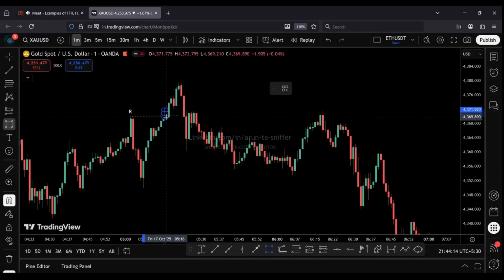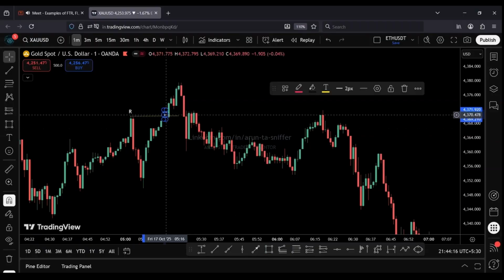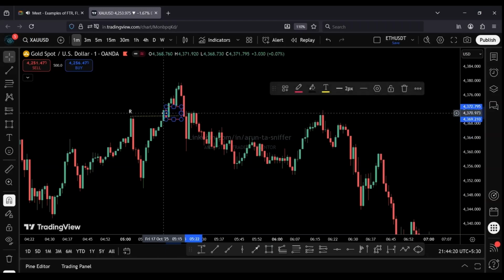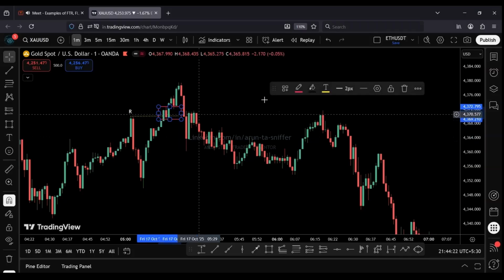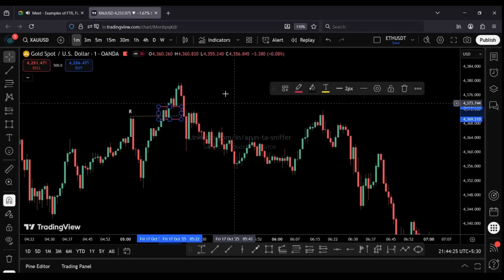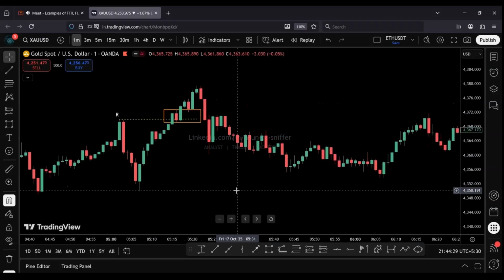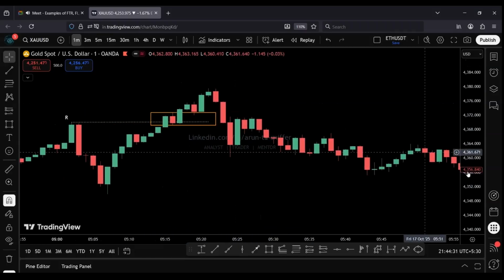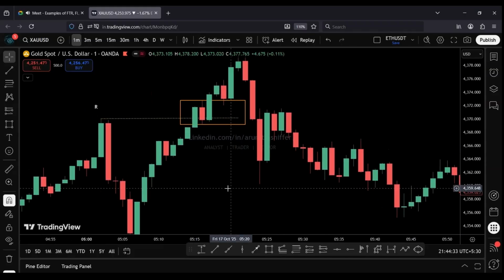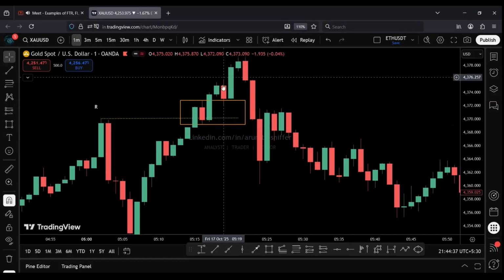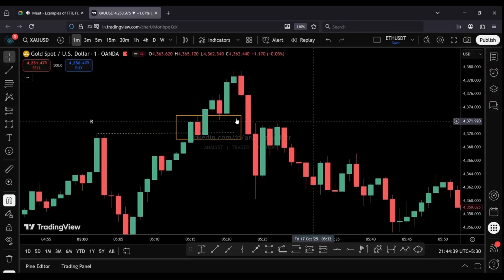Price goes up, came down. Goes up till here, came down. What do we call this? FTR, right? Yes. This will be our FTR. Price goes up, came down to this zone and goes up again.